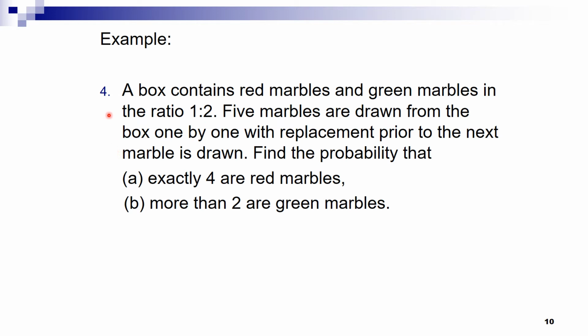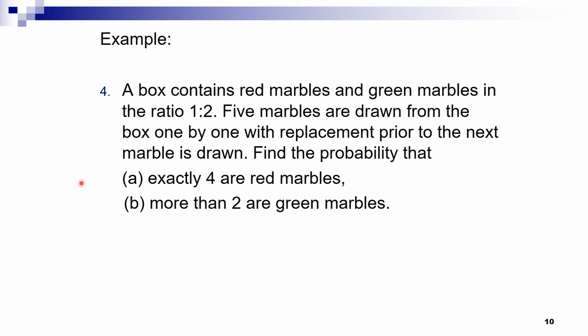Question 4. Here you have a box contains red marbles and green marbles in the ratio 1:2. So 5 marbles are drawn from the box one by one with replacement prior to the next marble is drawn. Okay, so find the probability that exactly 4 are red marbles, more than 2 are green marbles.